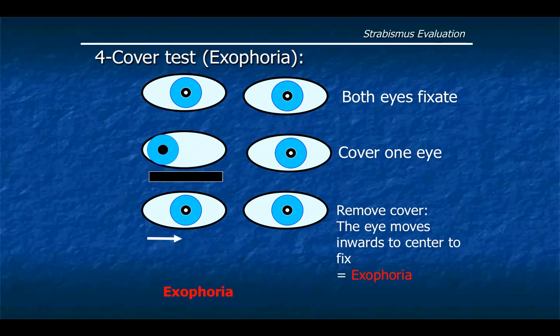We cover one eye, for example, the right eye. Under the cover, the right eye deviates outwards, but we do not see the eye under the cover. But when we remove the cover, the right eye moves inwards to reach the center to pick up fixation. So this direction of refixating movement tells us where the eye was under the cover. So the eye was exophoric under the cover. So this patient has exophoria.